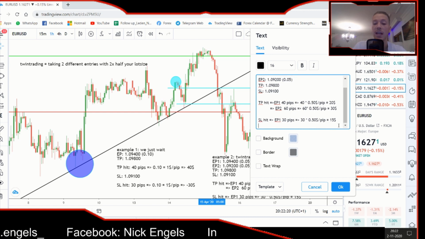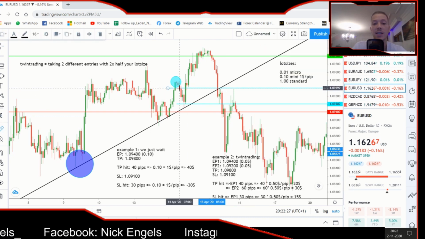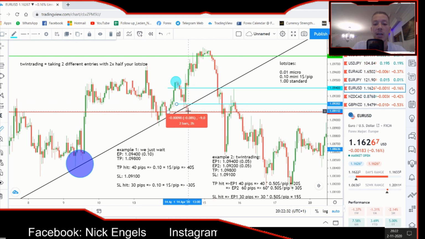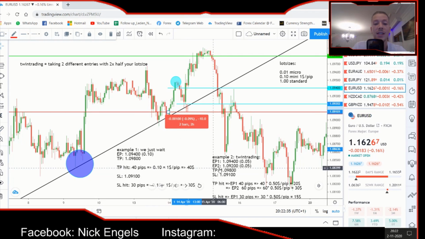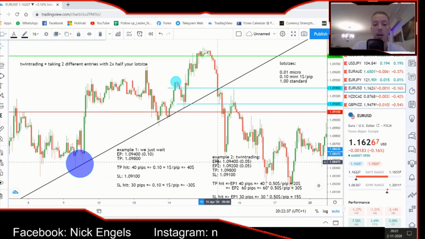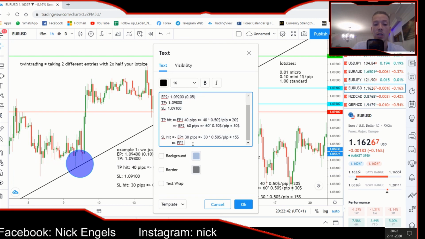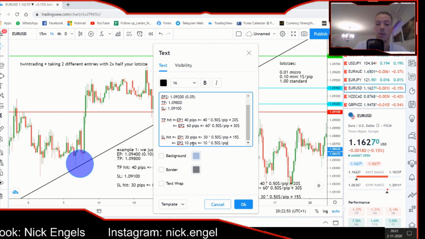Now also our second entry will hit our stop loss, entry point number 2, but we will have to measure it because this is not at the same place as the first entry. And if we actually measure from our second entry towards our stop loss, we see this is only 10 pips, right? So let's adjust this. Our second entry only has 10 pips. 10 times 50 cents a pip equals 5 bucks.